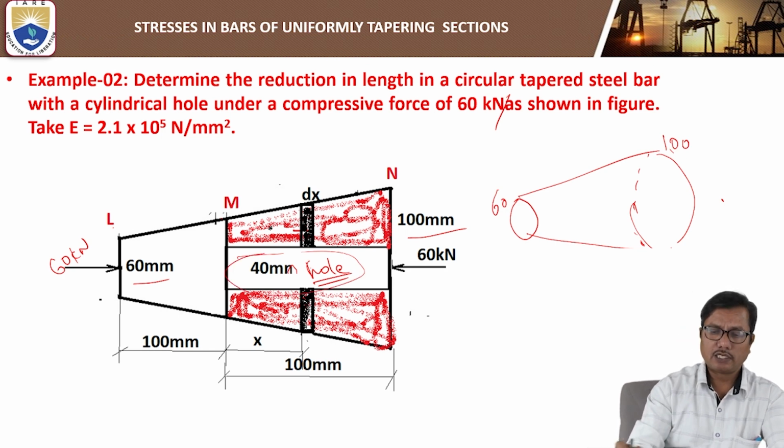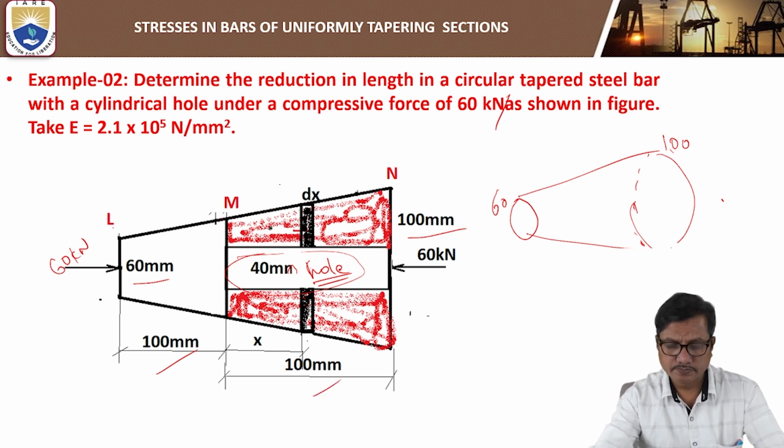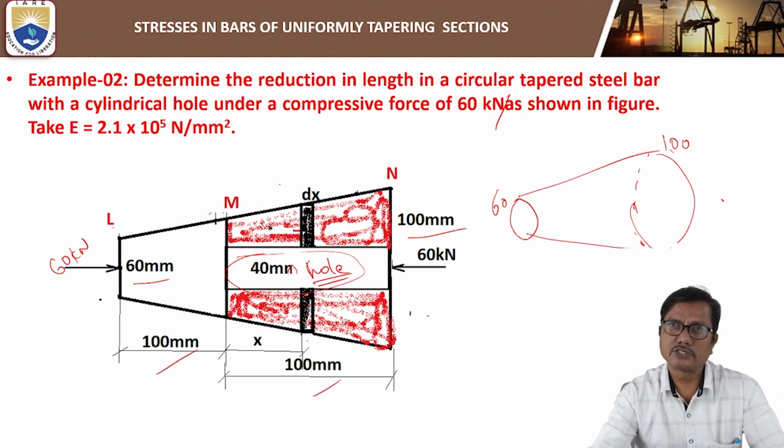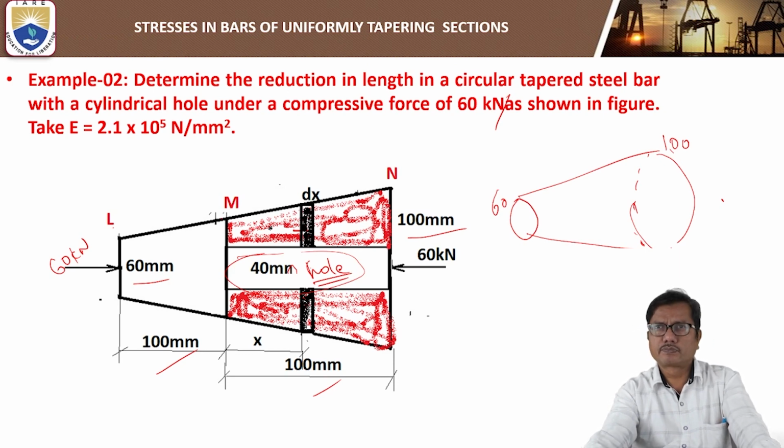And the lengths of portions LM and MN are 100 mm each. So how to find the total change in length? Actually here the change in length means the reduction in length because of compressive force. The length will be reduced.